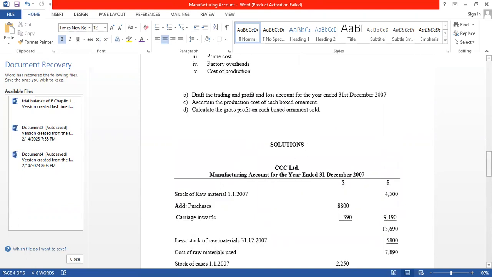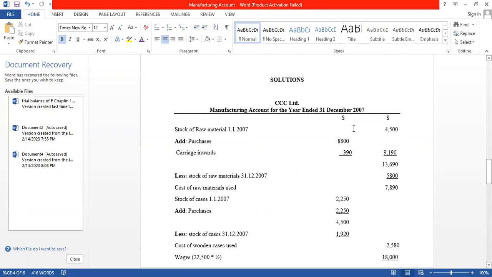Always write your heading. We have our dollar sign as is shown on the format for the manufacturing account. Now, we would list all of these items here, and then we will try to figure out what the amount is by looking in the question. The first thing we have written down is stock of raw material at the 1st of January 2007.